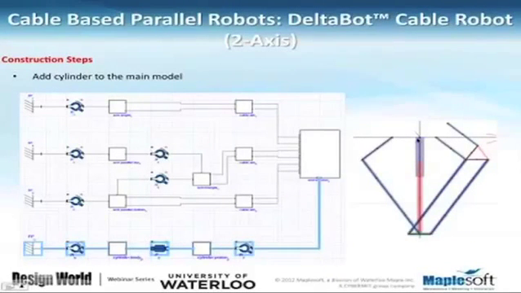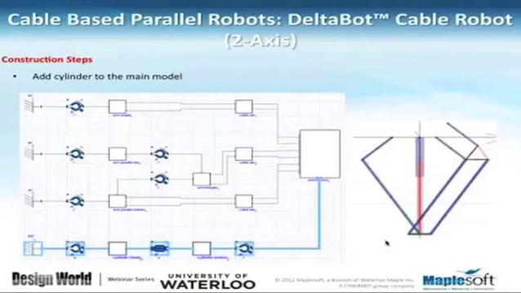And then we add the cylinder body and the cylinder piston through a prismatic joint here. And then after that, we add another revolute joint, and that revolute joint is in fact right on the end effector right at this point. So by adding the cylinder, then we have all the components related to the construction of the robot.